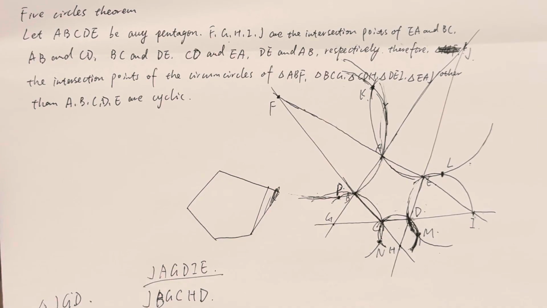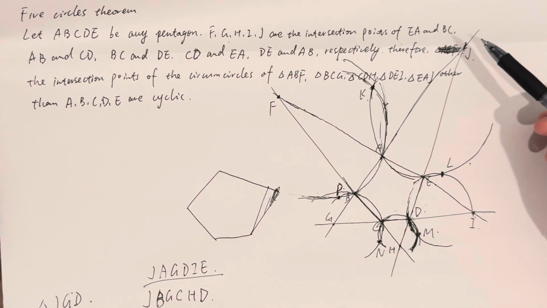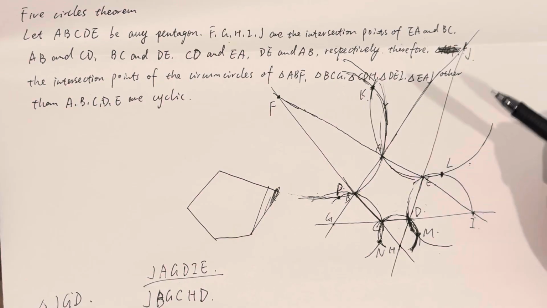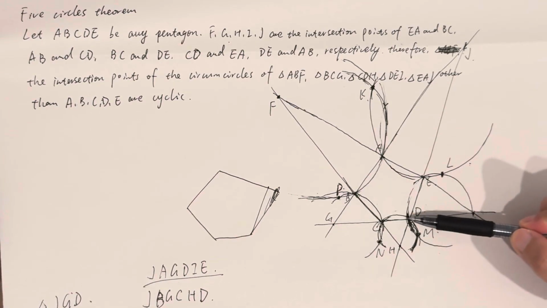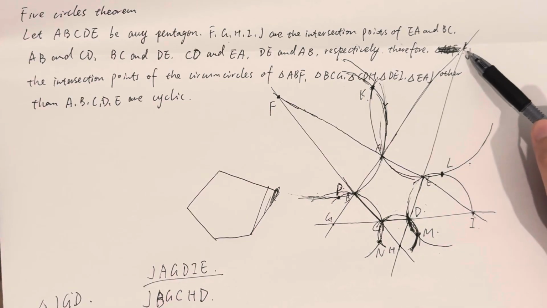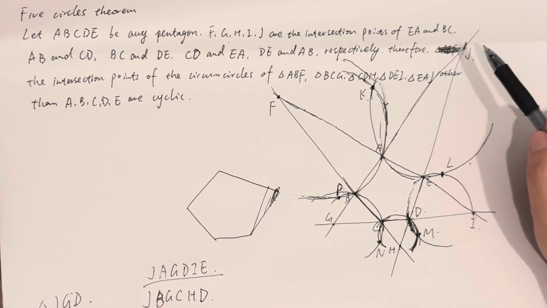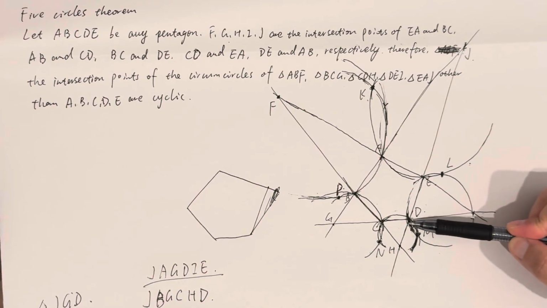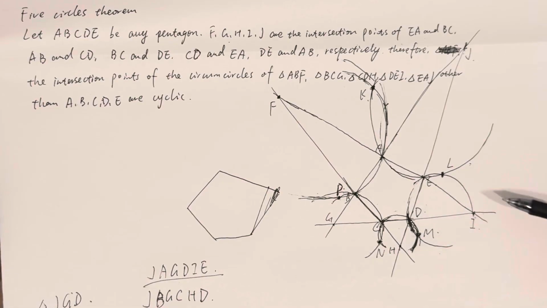That means we already know that triangle JAD and triangle JGD, the circumcircles of these two triangles have an intersection point, which is also on the circumcircle of triangle IED and triangle IAG, right?